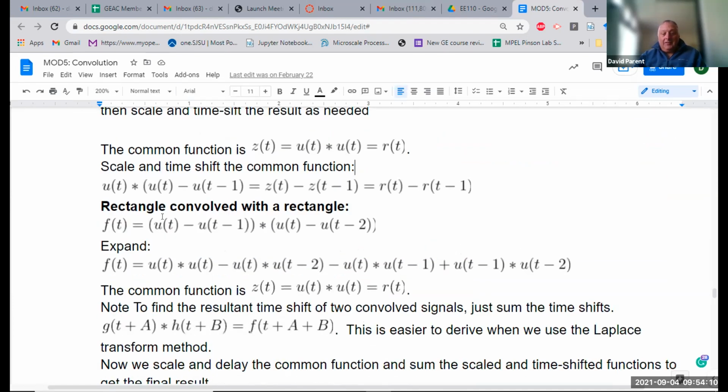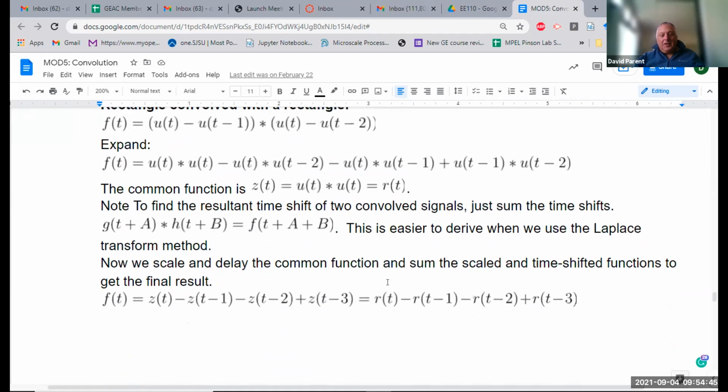And then with a rectangle, it's just like algebra. u(t) convolved with u(t). u(t) convolved with minus u(t) delayed by 2. Minus this, convolved with that. Minus times a minus. You work out the algebra and realize that no matter what, it's a convolution of a step with a step, multiplied by some number that's negative or positive, and delayed by some number.